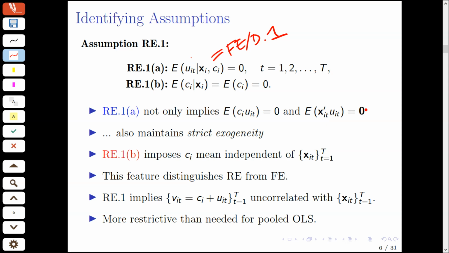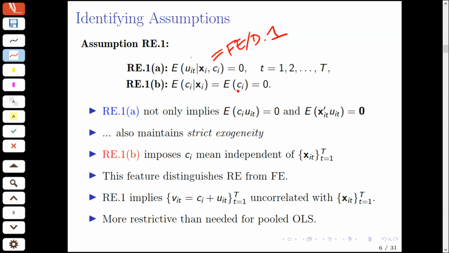So it's only the second part of this assumption that's new to us. The second part, RE1b, imposes that the individual effect is mean independent of the regressors. So that was the first equality up here.